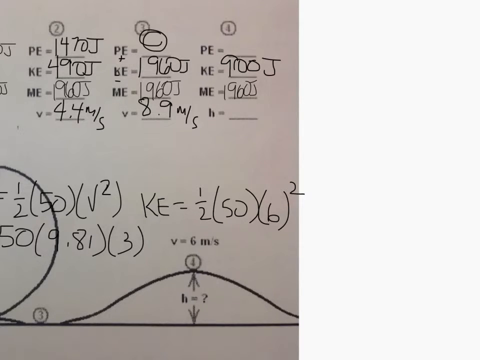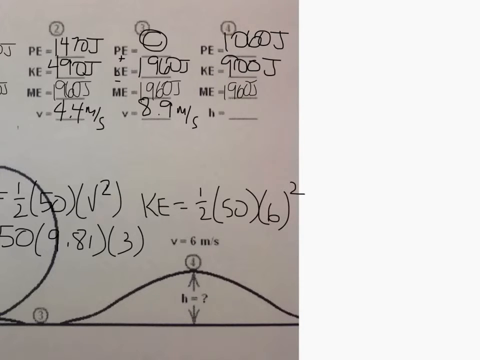And now we'll use that to go back to the potential energy, since that potential energy, again, plus kinetic equals mechanical. If there's 1960 joules of total energy and 900 of those are kinetic, that means what's left for potential is 1060 joules.